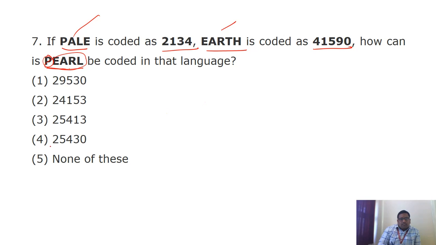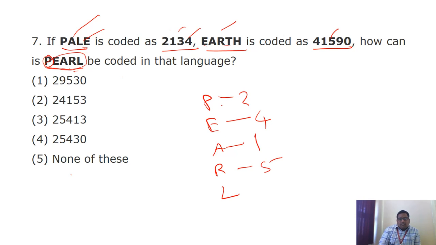None is there in the options, so we have to solve everything. P stands for 2, E stands for 4, A stands for 1, R stands for 5, and L stands for 3. 24153. 24153. Option 2 is the answer.